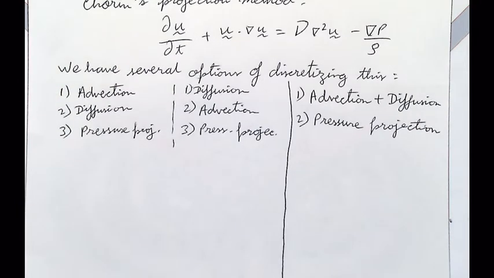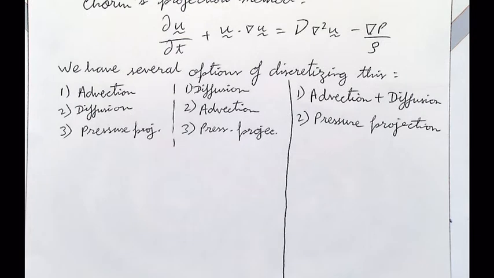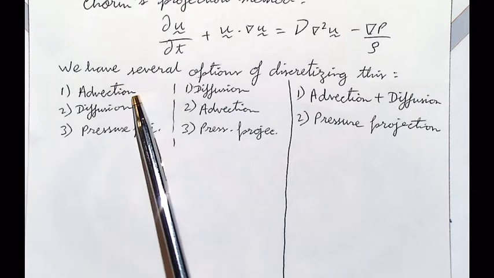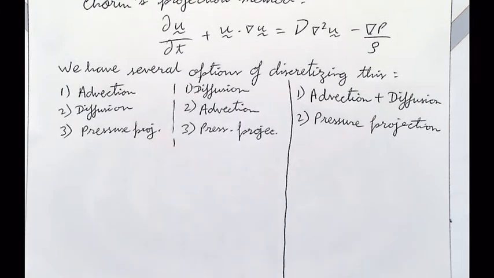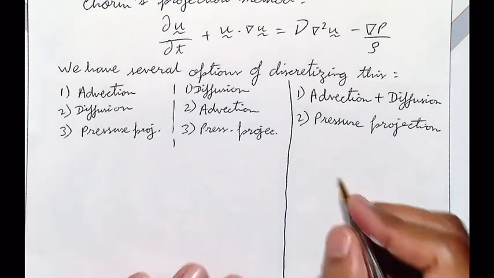But for very low Reynolds numbers, diffusion can be a very big problem. The time step becomes very, very small with explicit time stepping. I will write this down after I discretize the equation. So you could use explicit time stepping for advection, implicit time stepping for diffusion, and then the pressure solve will be the same, either left column or right column.